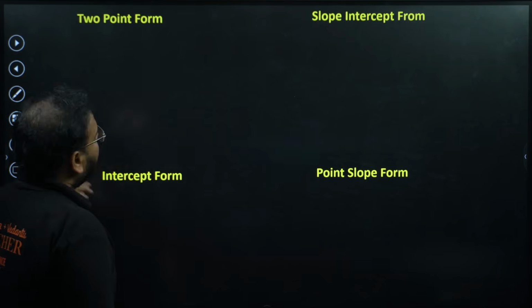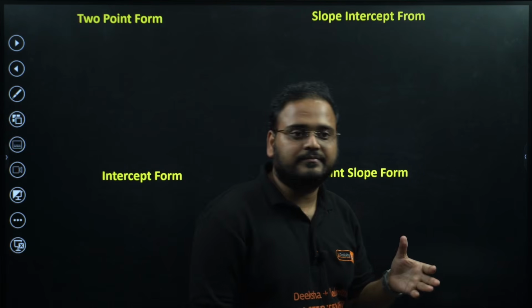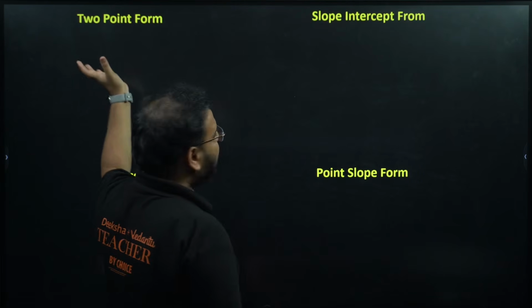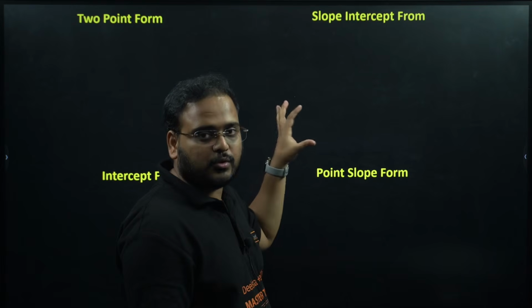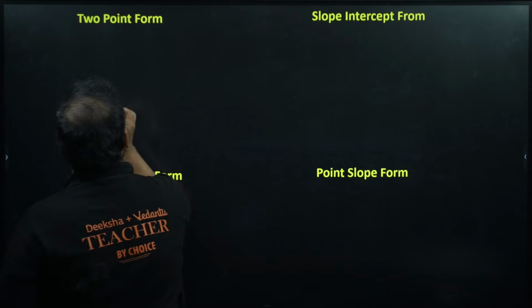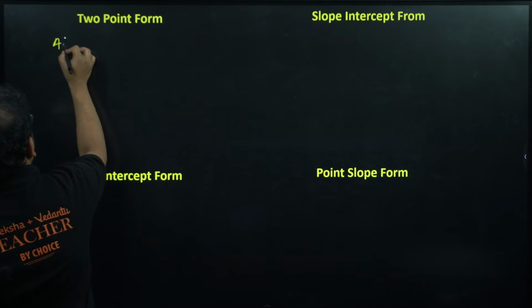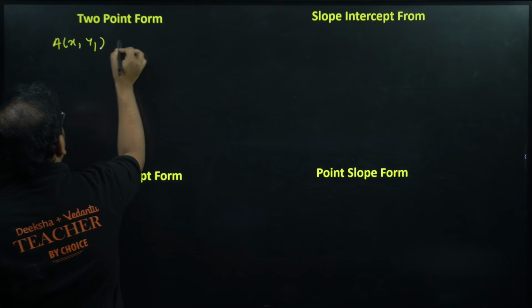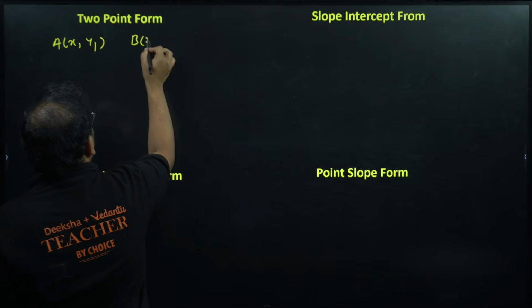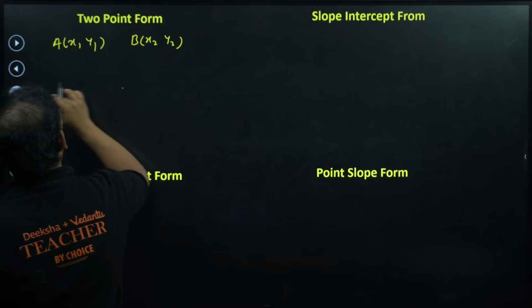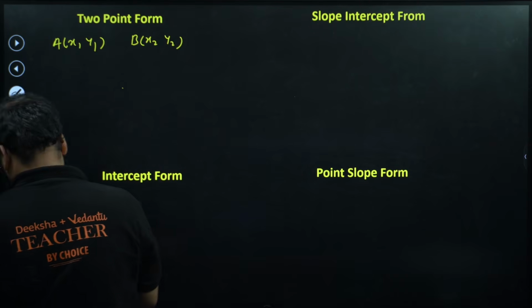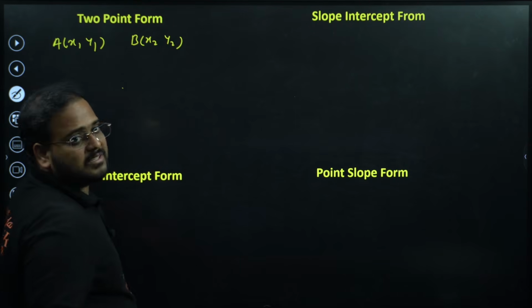Now if you talk about the different forms that we have, basically we can identify those and convert those into these forms also. So let's look at these individually. Two-point form: when you have two points given, x1 y1 and x2 y2, how do we write the equation of this line?